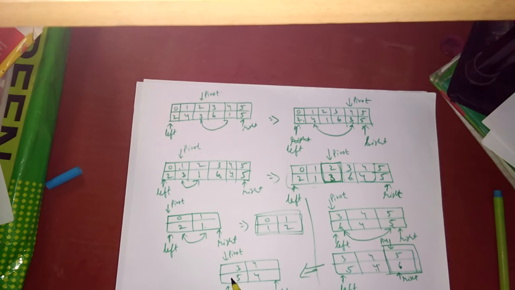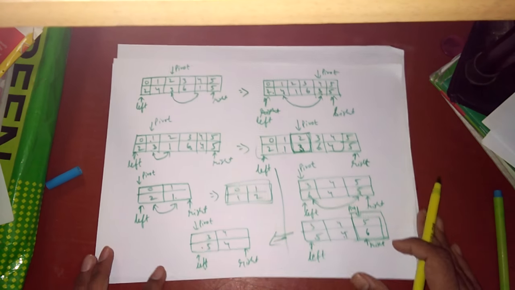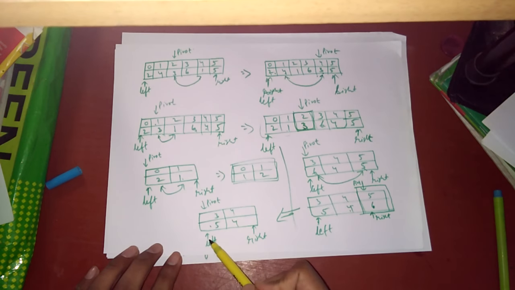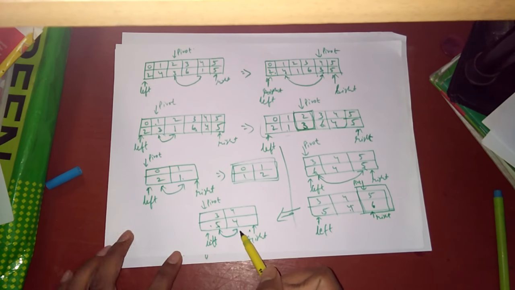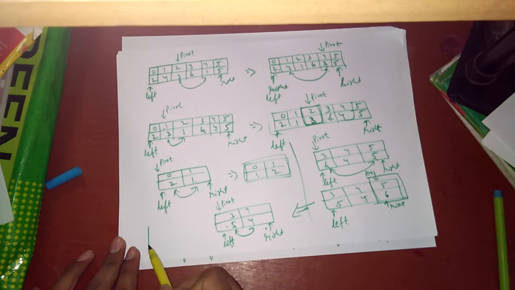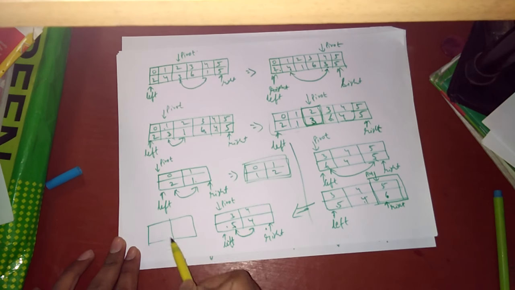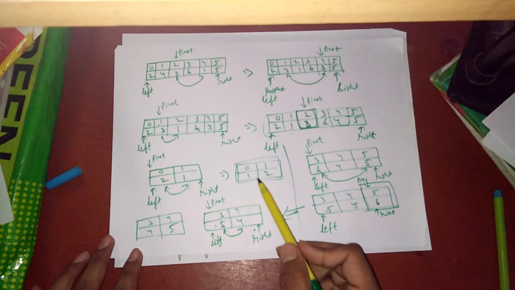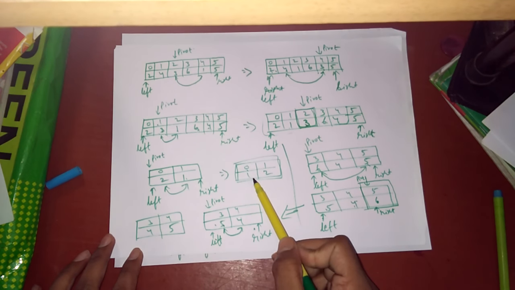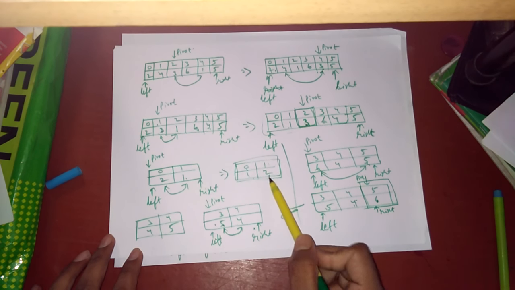Since the pivot is at the left, we will start comparing from the right. Okay, 4 is greater than the pivot, no, false, that's why it will be swapped, and through this swapping all the elements will be sorted. 4 5.